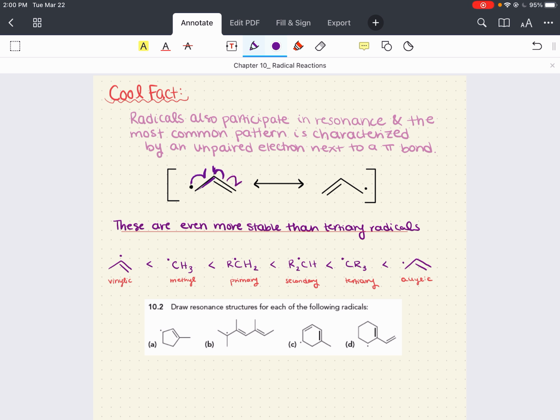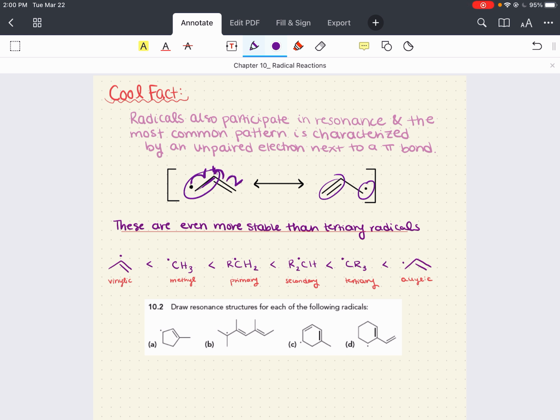And what happens now is we're going to form a double bond here, as you see. And that means that the other electron of the double bond gets put at the end here. And so that's how you want to draw the resonance structures for carbon radicals.